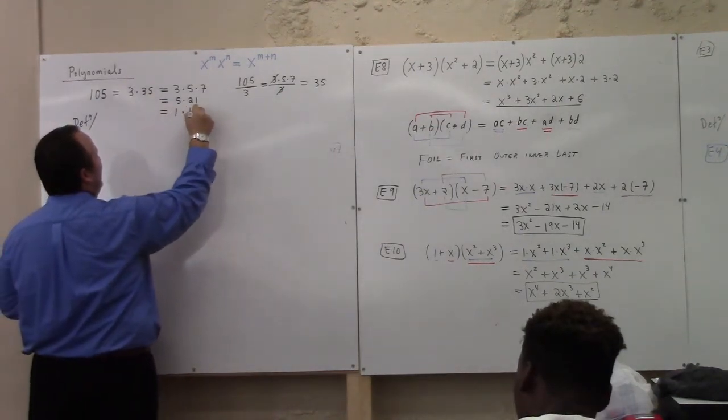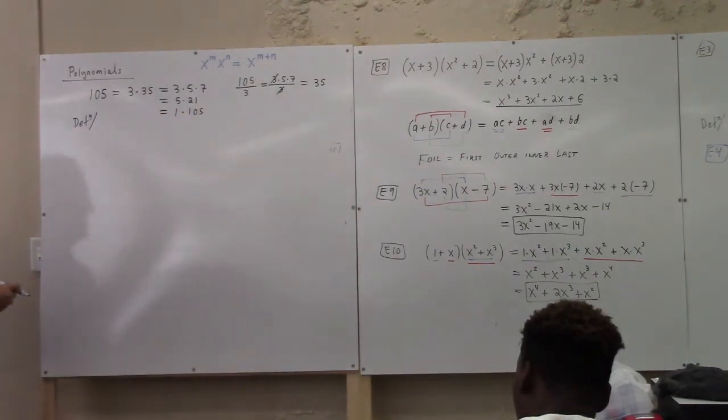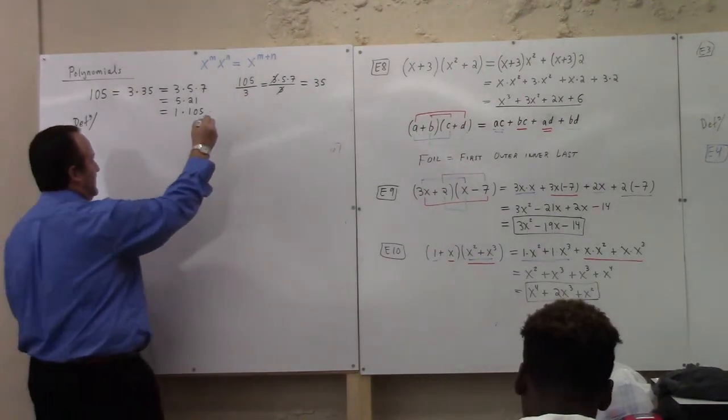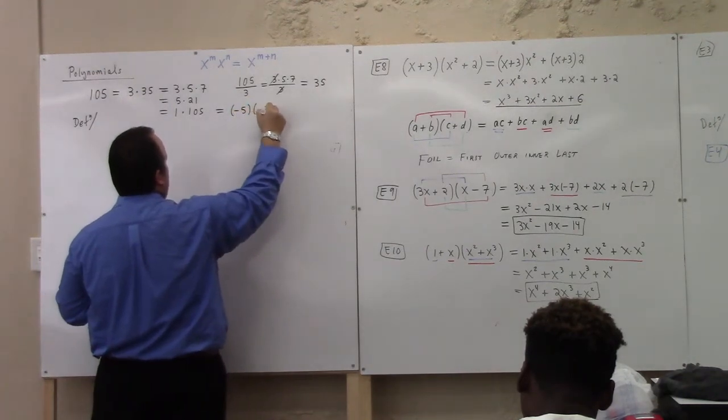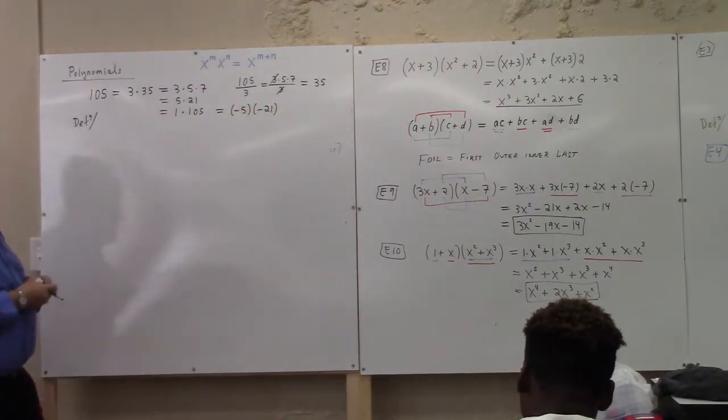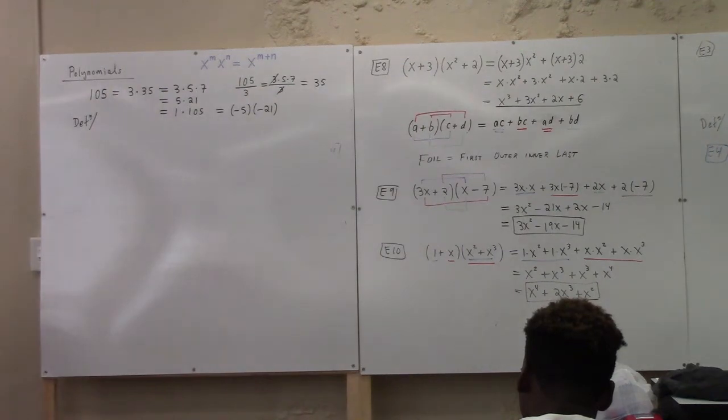Yeah, you got me. Or if you really want to be an annoying math person, you could do minus 5 times minus 21. What's that? 7. Divide by 7. Yeah, there's all kinds of things we can do. All right, I think I'm getting off track here.